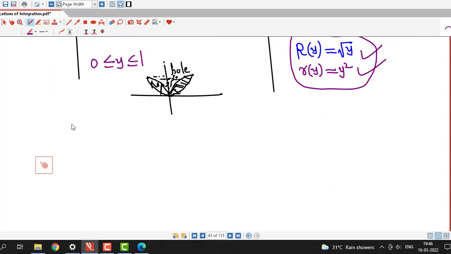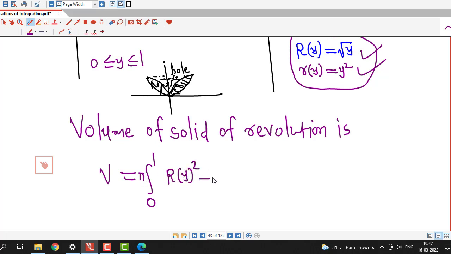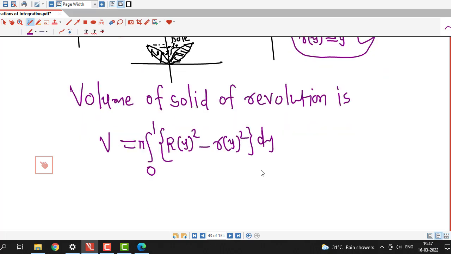Once we have understood this, we can easily find the volume of the solid of revolution. V equals, we have obtained the limits of integration, we multiply by pi times outer radius square minus inner radius square, and the integral is with respect to y.